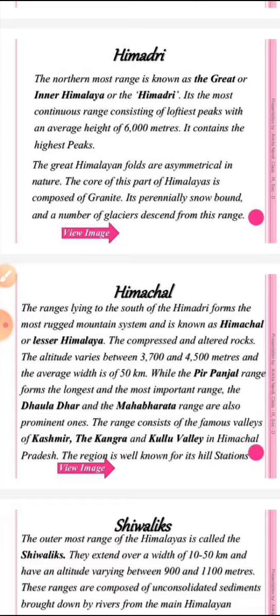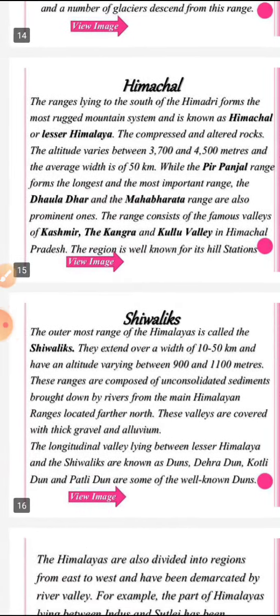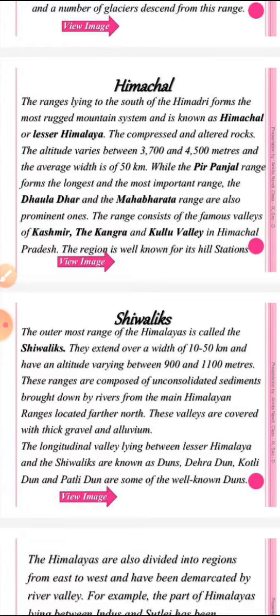After that, we will discuss the Shivalik range. This is the southernmost range of the Himalaya. This range has a height between 900 and 1100 meters, and its width varies from 10 to 50 kilometers. It is made up of unconsolidated sediment, meaning soft sediments brought down by the rivers from the main Himalayan ranges.